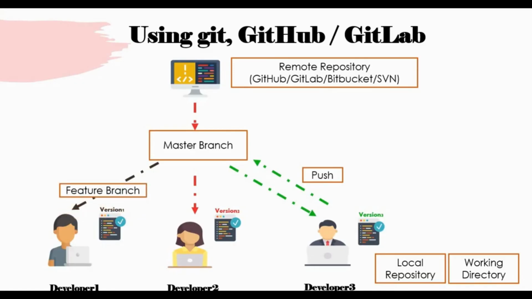What usually happens in an organization is that from the master branch you will create feature branches, and the developers will make the changes from the feature branch. You will create the local repository, make the changes, and push those back to the feature branch. So every developer will have their own feature branch, and from the feature branch it has to merge into the master branch, which will have an approval process, and that is how it is done.